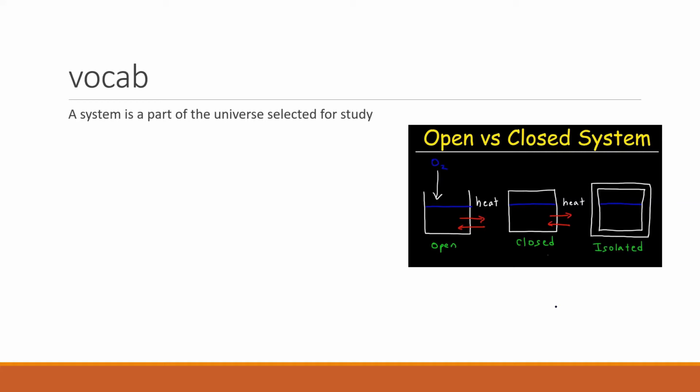Okay, so a system can be something as big as a planet, or it can be something as small as a test tube.